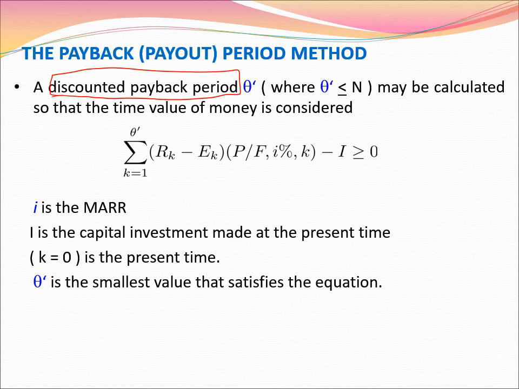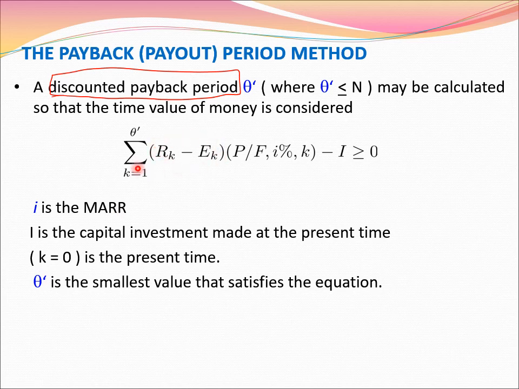And the idea is exactly the same. We are trying to find the time where my revenues exceed my expenses. But while considering the timing of this, I am discounting all my revenues to the present time using the interest rate, which is MARR.